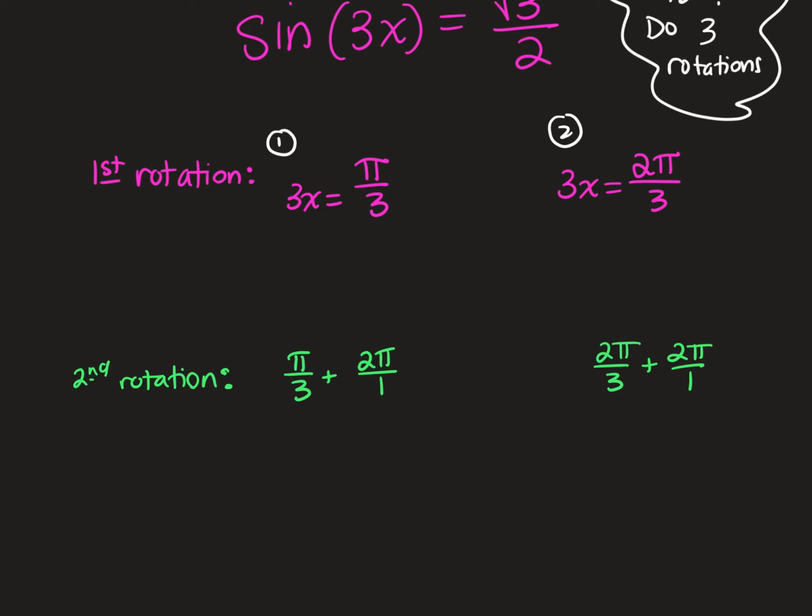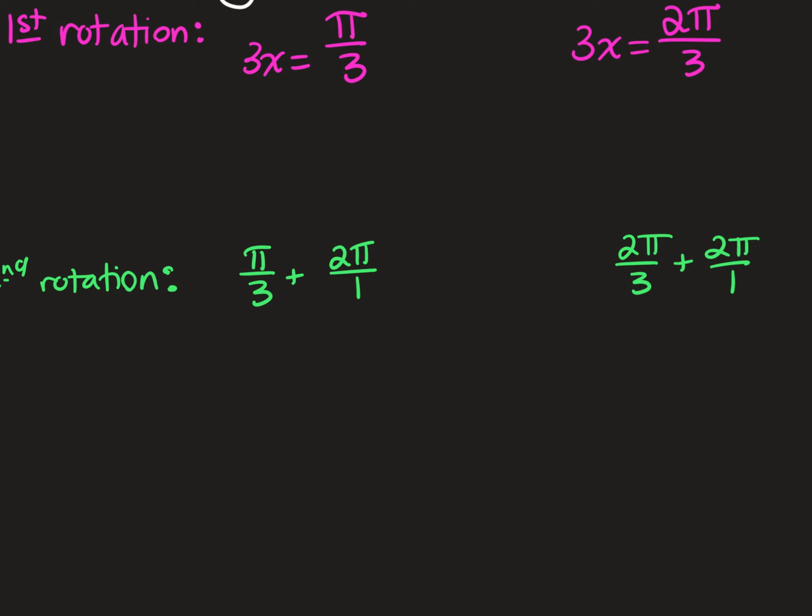Now we are dealing with the same denominator as we saw in the first equation. So we're going to end up multiplying by 3 over 3 again to get our common denominator of 3. If our denominator was 6, then we'd be multiplying by 6 over 6, right? It's just all focused on whatever that denominator is. So I get pi over 3 plus 6 pi over 3, which gives me 7 pi over 3.